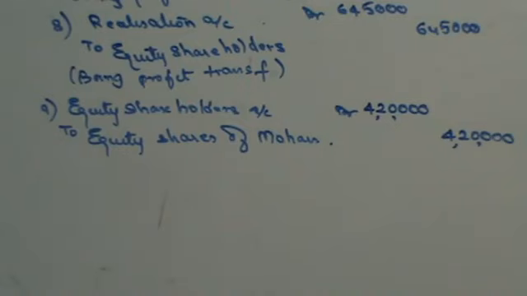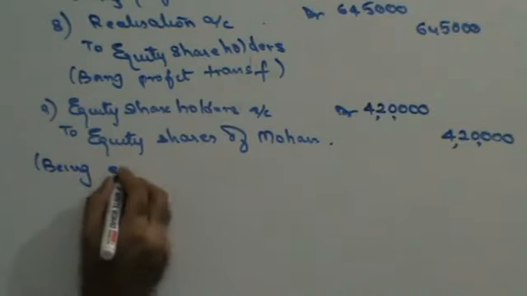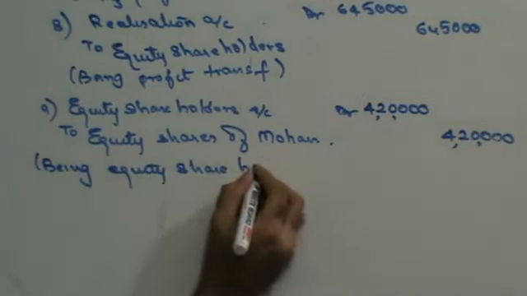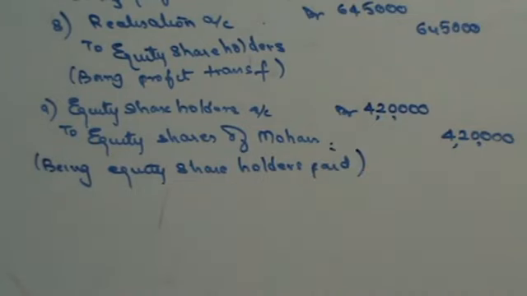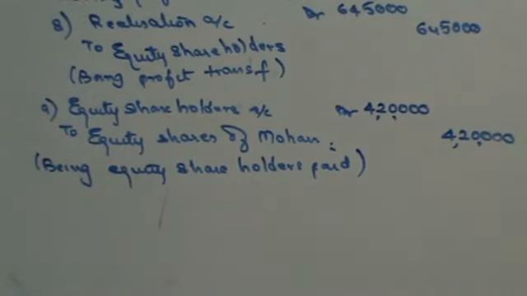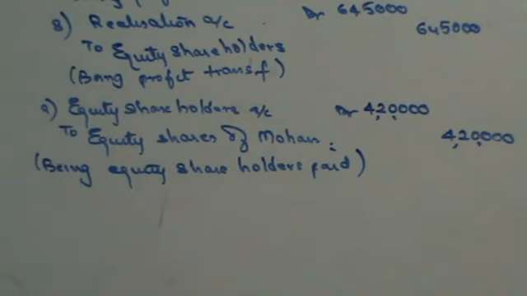This will be 6,45,000. Check someone. The equity shareholders paid. Someone please do 10,65,000 minus 4,20,000. 6,45,000. Okay. Yeah. The answer is right. So your Rohan's account tallies.